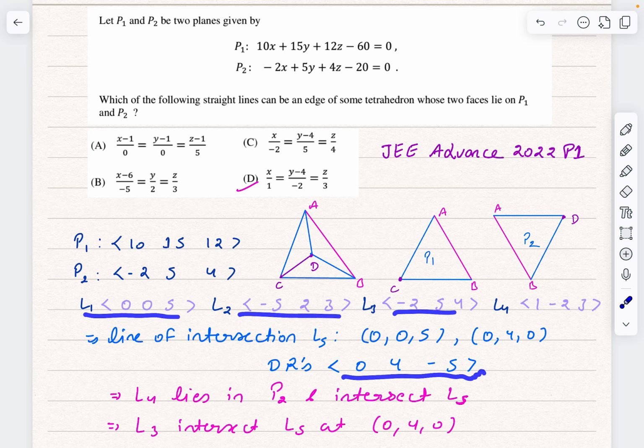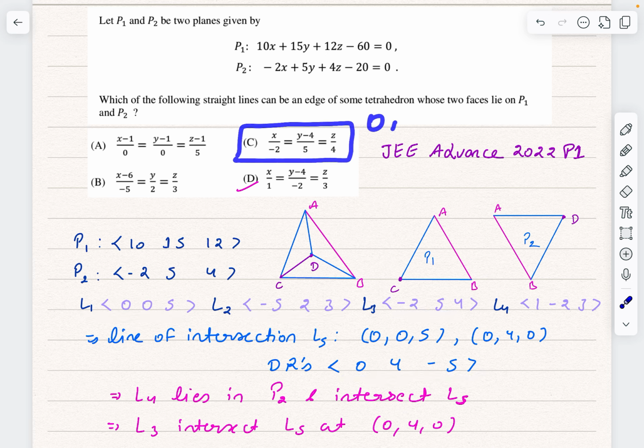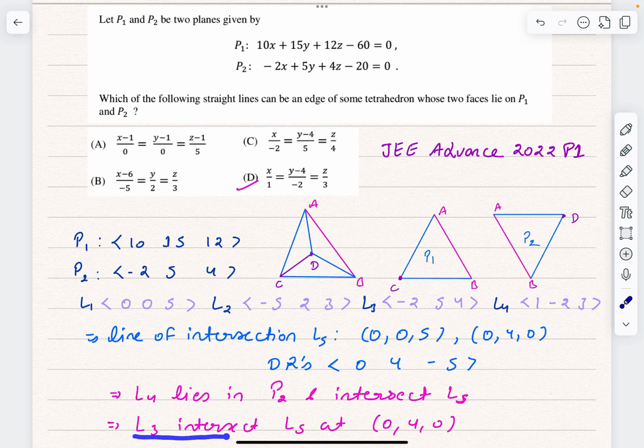One thing we can clearly see: L3 is passing through (0, 4, 0) again. That means L3 intersects L5 at (0, 4, 0). That means these are not skew lines. So L3 cannot be an edge of the tetrahedron.